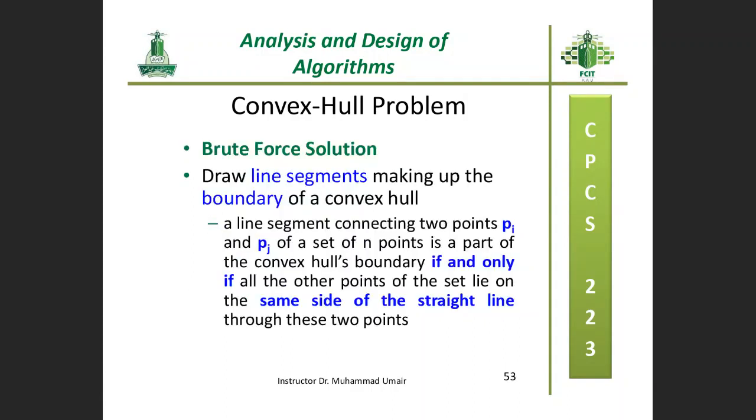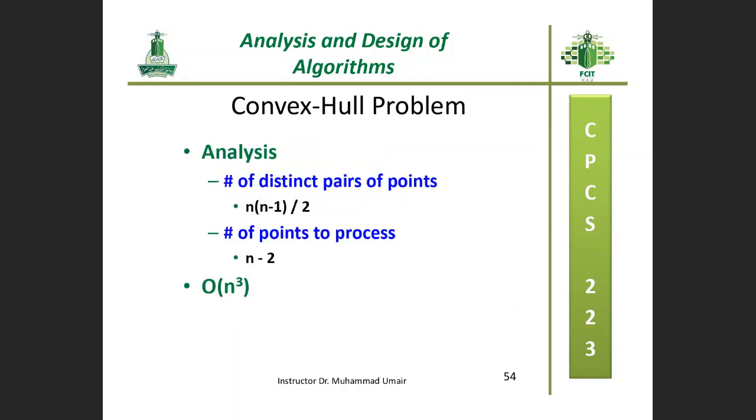You will keep on drawing a line, combining 2 points and determining whether the other points are on the same side or on different sides. That approach had a running time of O of n cube. These were the number of distinct pairs, n into n minus 1 divided by 2, and the number of points to be processed would be n minus 2, and the result was O of n cube.